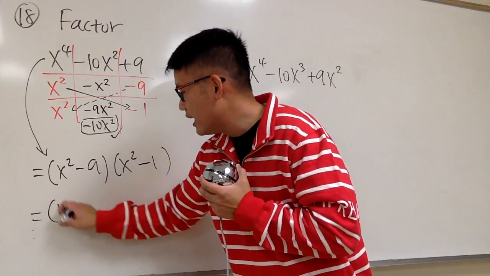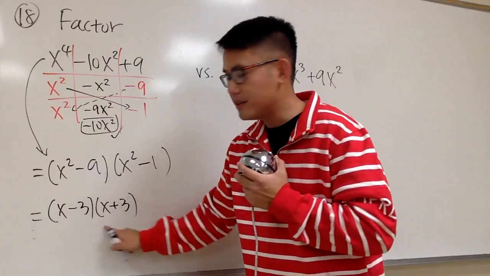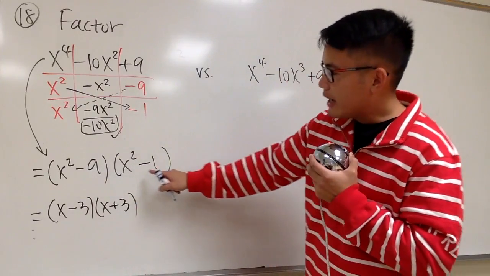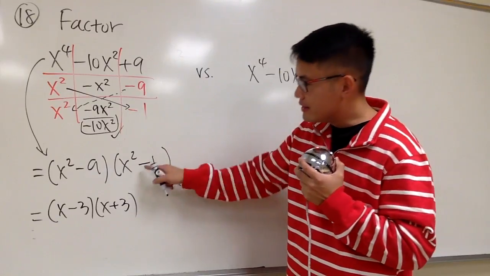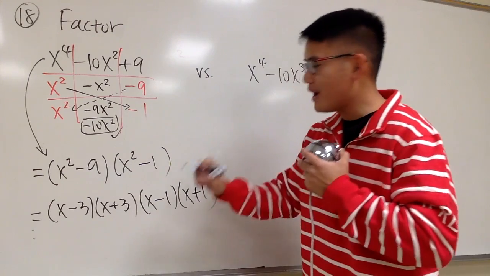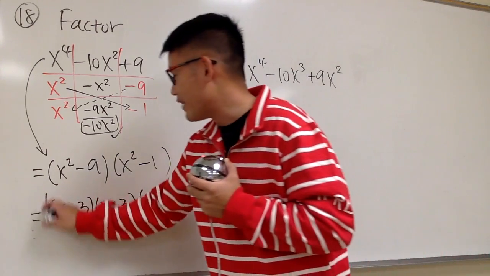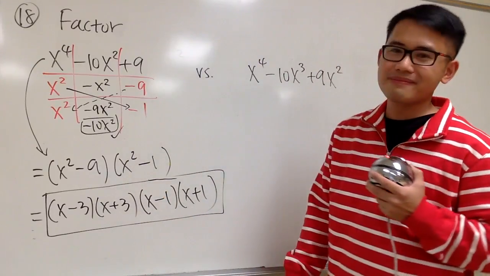This is going to give us x minus 3 times x plus 3 from here, okay? On the other hand, x squared minus 1 squared is going to give us x minus 1 times x plus 1. This is it. We have 4 factors right here, right?